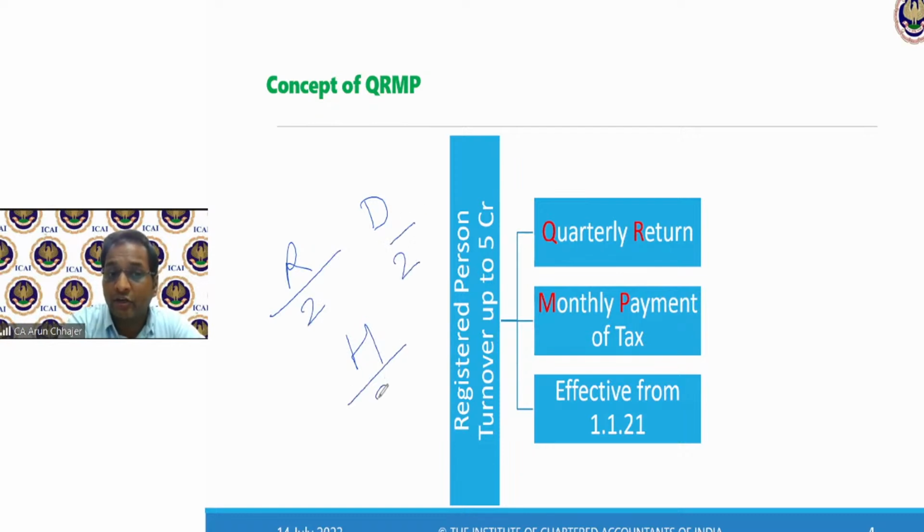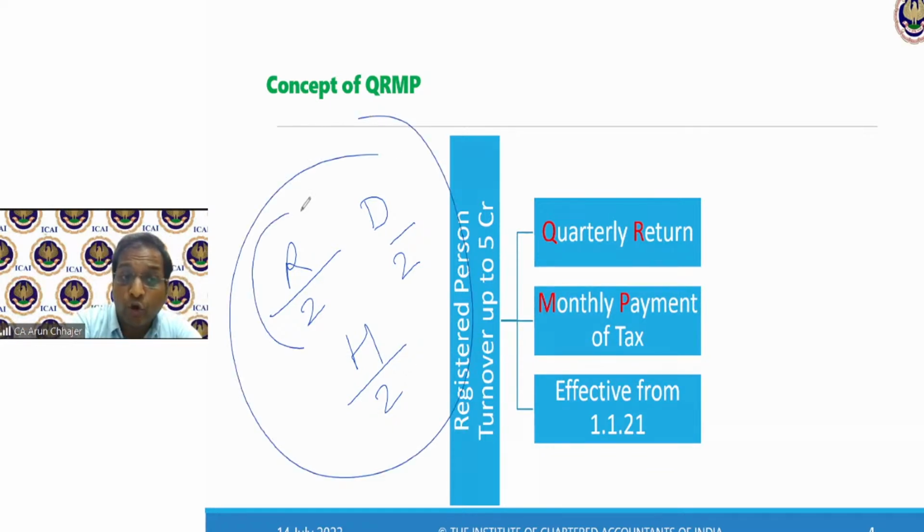In Haryana, I have a turnover of 2 crore. Can this taxpayer opt for QRMP for Rajasthan? My question is whether the registration which he has obtained for Rajasthan would be able to opt for QRMP or not.